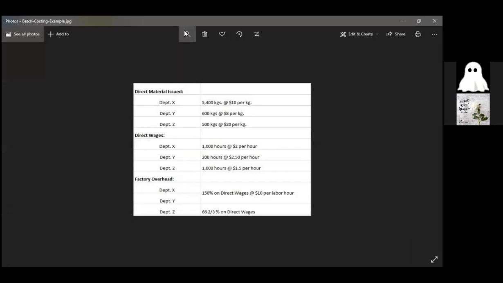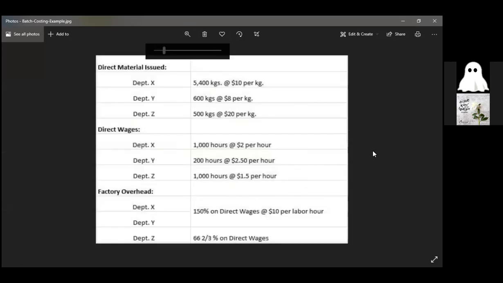Okay, so next let's do this one. Again, a bit weird compared to the first one. The material shown here is in kilograms and you have the rate per kilogram. So you just have to multiply the two and you will get the direct material. For example, for department X, direct material would be 5,400 kgs times $10 per kg.